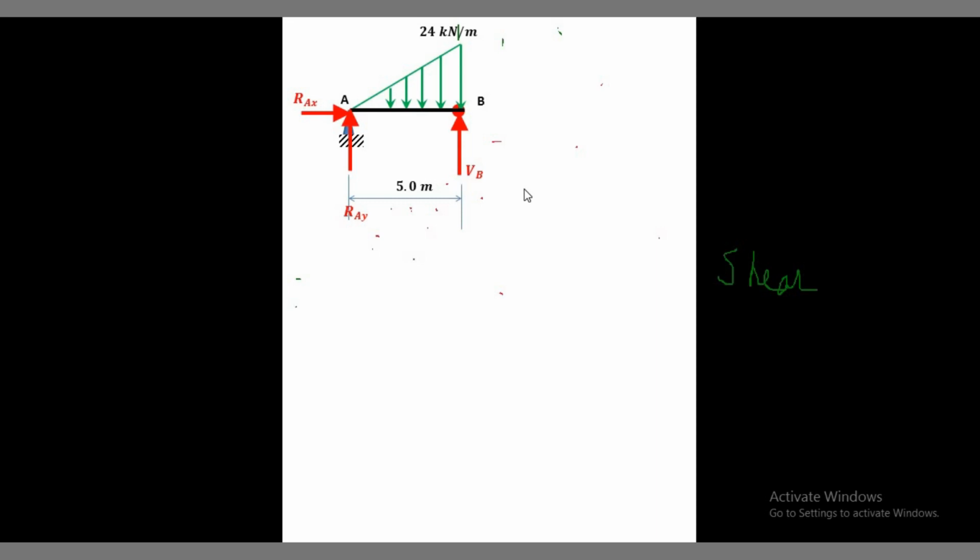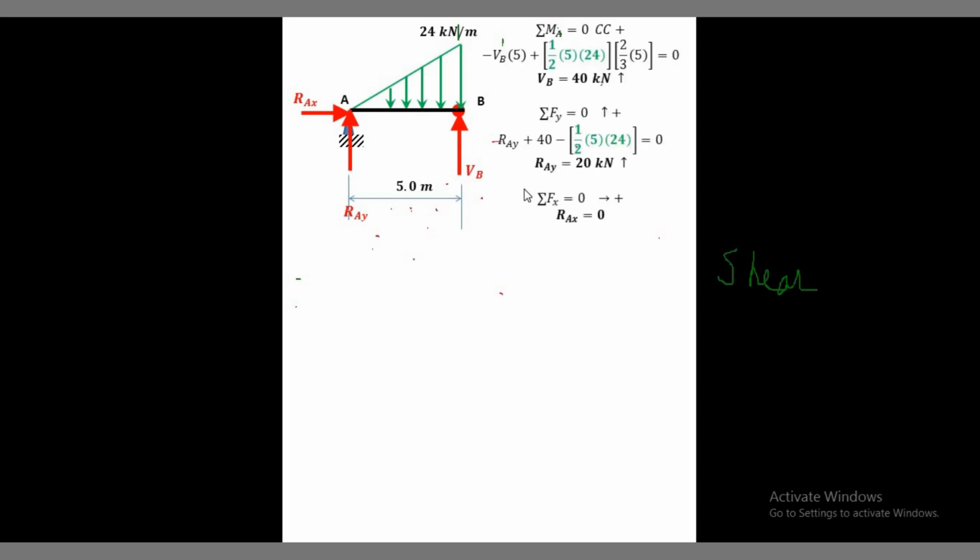If I take the summation of moments at point A, I can solve for the value of my VB. The summation of forces along the Y, I can solve for my RAY. Then, again, bakit 0 si RAX? Walang horizontal forces.